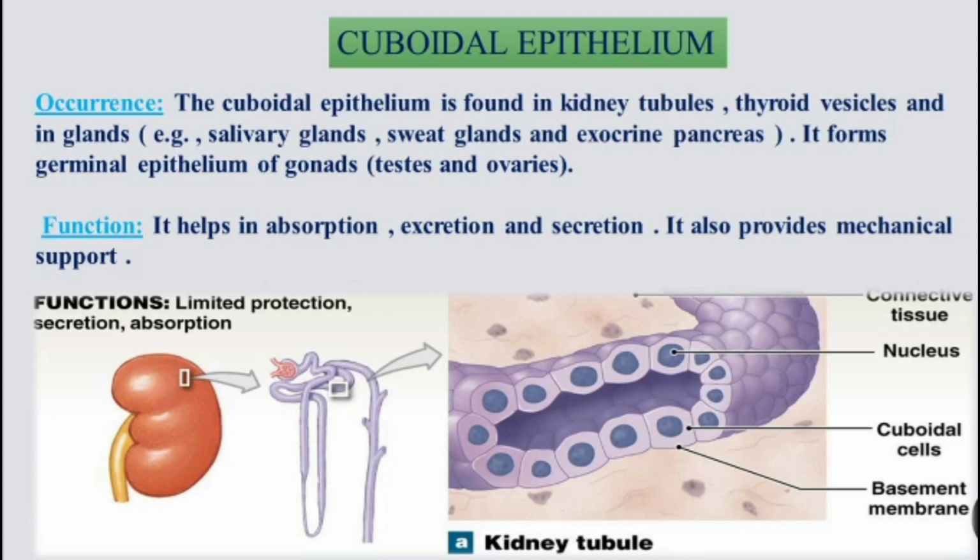Cuboidal epithelium occurrence and function. The cuboidal epithelium is found in kidney tubules, thyroid vesicles, and glands. Glands are of many types, such as salivary glands, sweat glands, and the exocrine pancreas. These glands have cuboidal epithelium.